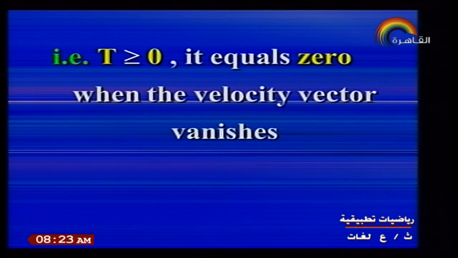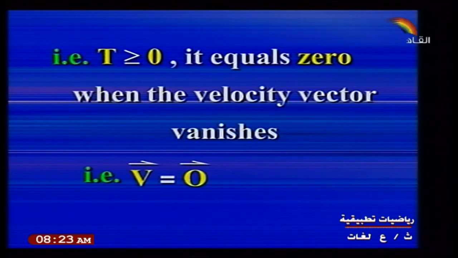Why? Because v square is not negative. Then kinetic energy is more than or equal 0. When T equals 0, then the velocity vector equals 0 vector, or magnitude of the velocity equals 0, or v vanishes.